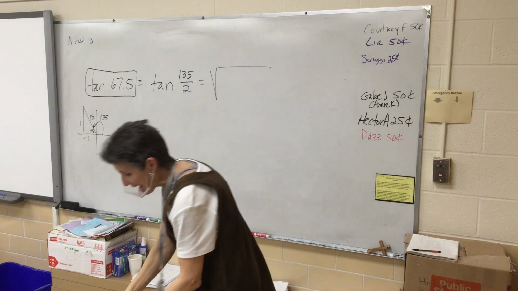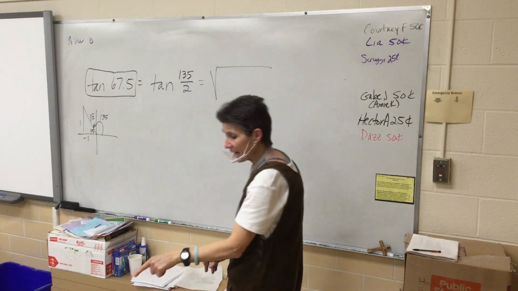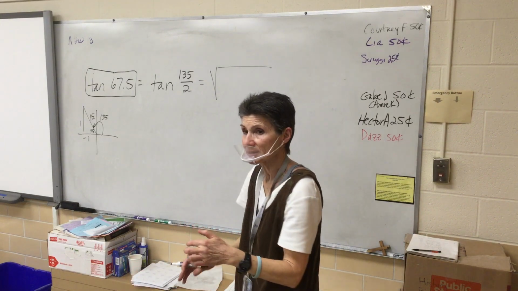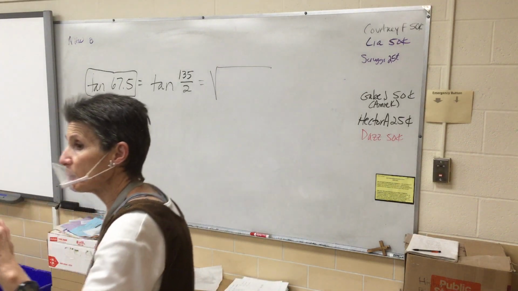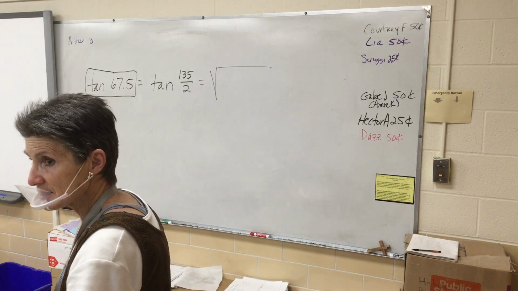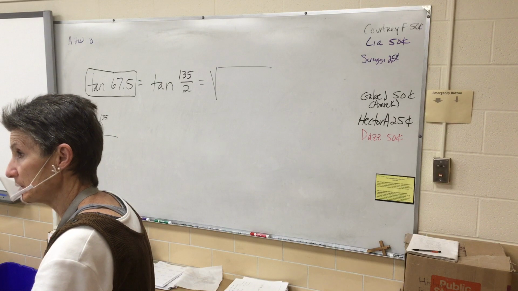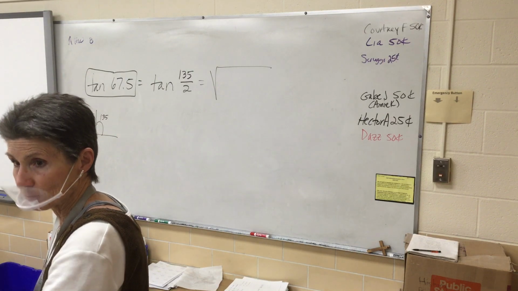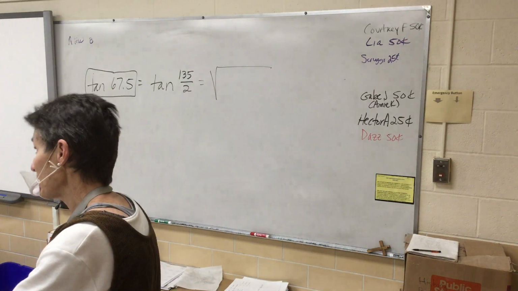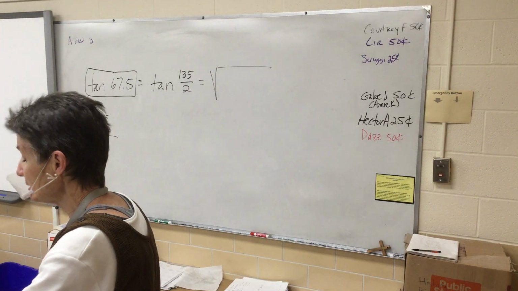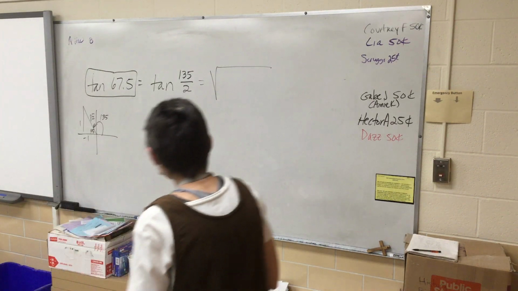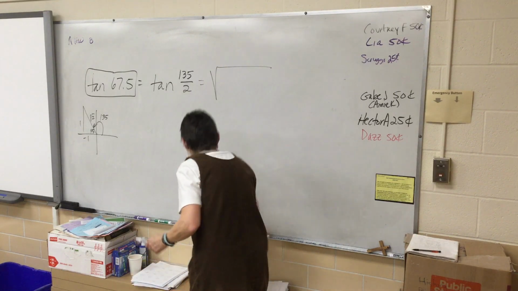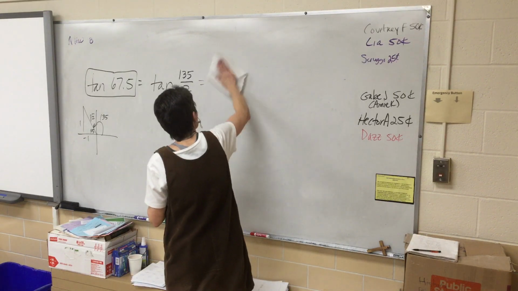Now, I added, in my handwriting there, 1 minus cosine over sine, because back when the kids all had to memorize these things, it was easier to memorize that one, because it's sine over cosine. And if you look at the half angle formulas for sine and cosine, that makes sense. But if you want to use the other one, we can.